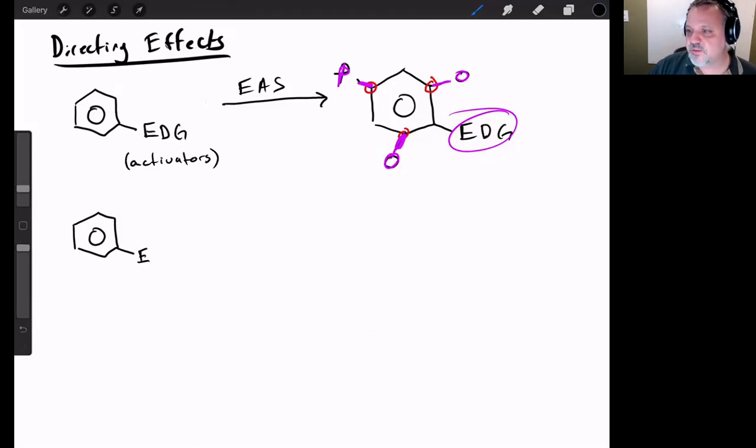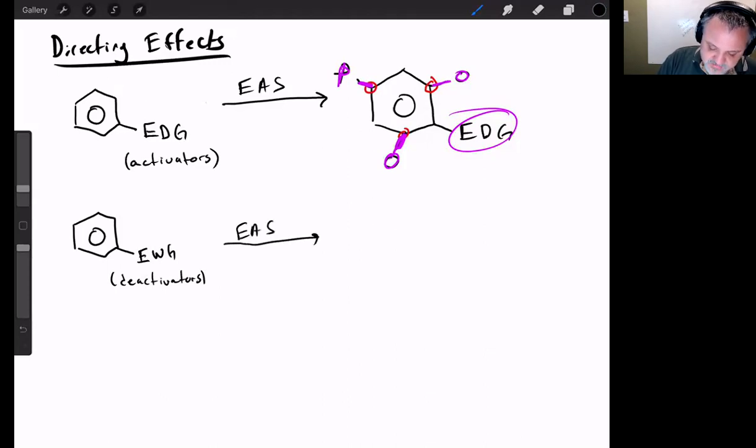Sorry about the delay. So the same thing goes with electron withdrawing groups. They're deactivators. And that means that the next electrophilic aromatic substitution goes slower with respect to benzene.